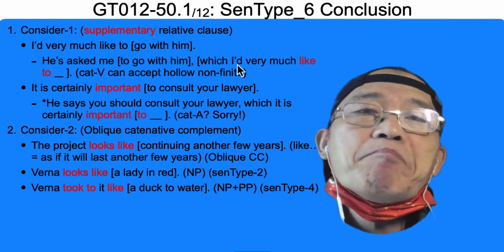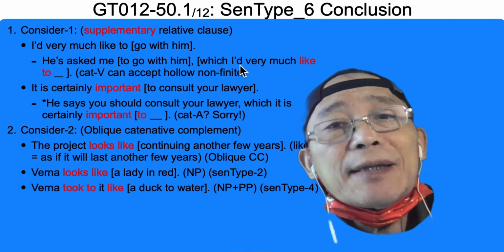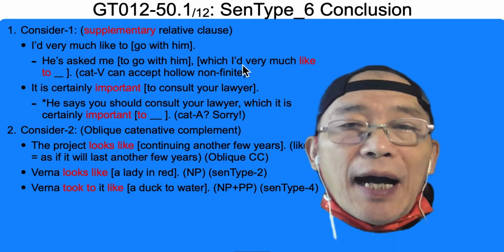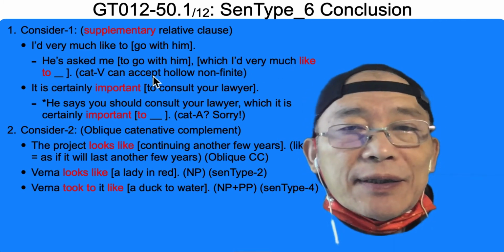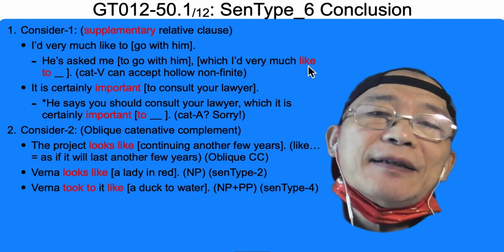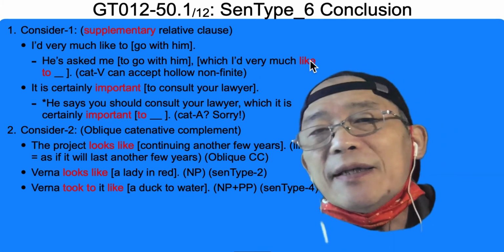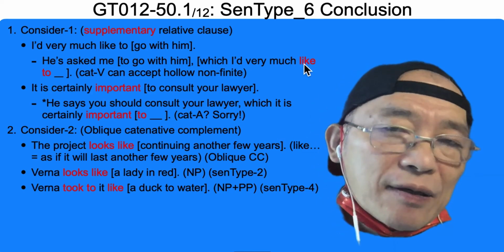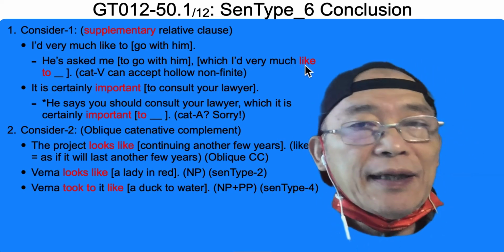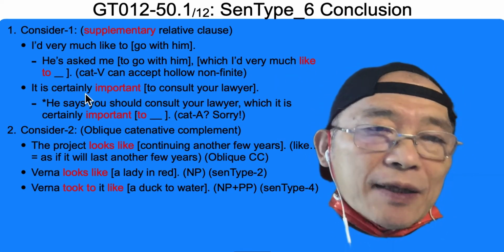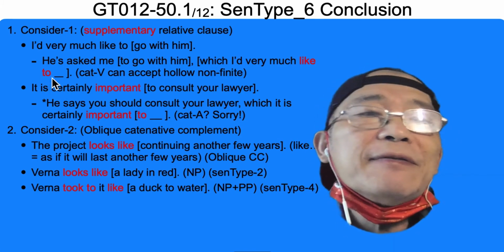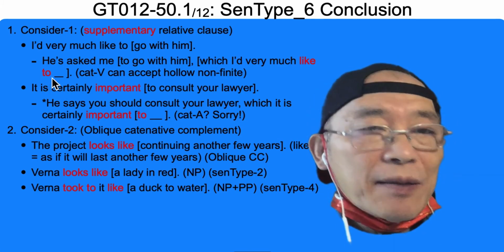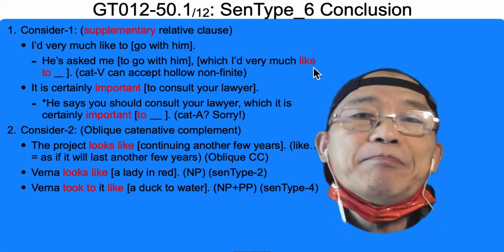Supplementary, okay. And this is a sentence. I like to do something. Catenative structure. This is the head of the clause, and it's a catenative verb. So, to infinitive is a catenative complement of this verb.